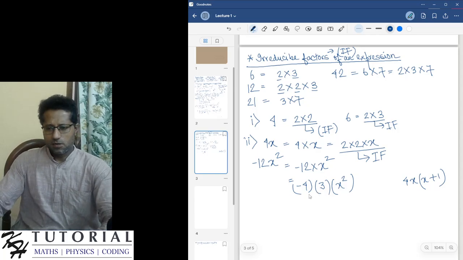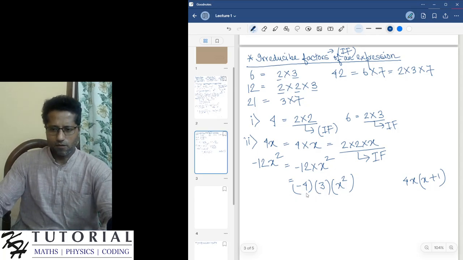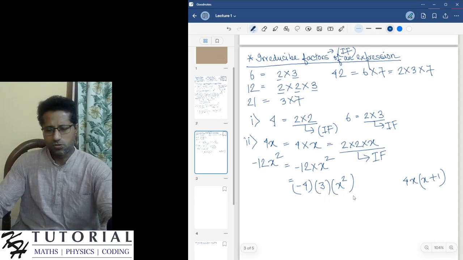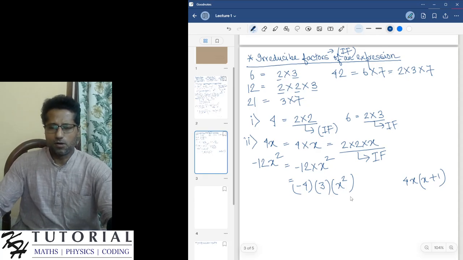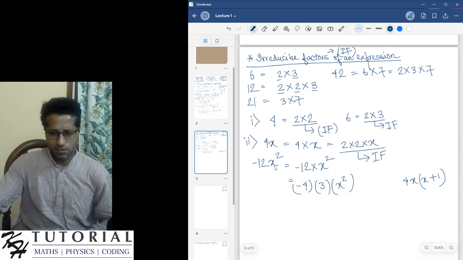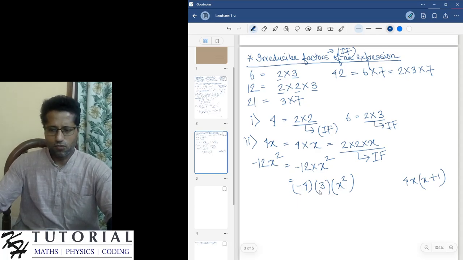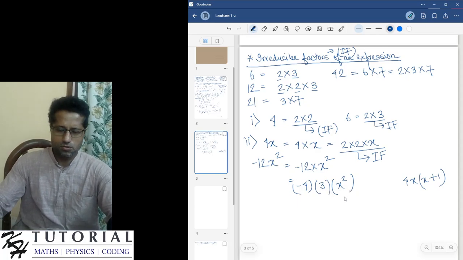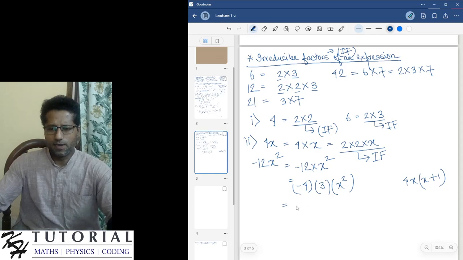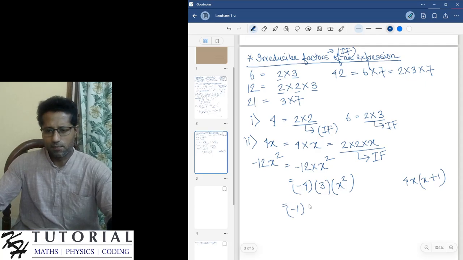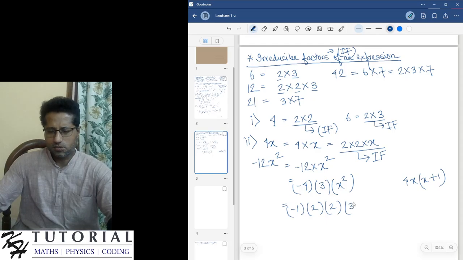This is minus 4 times 3 times x square, the product of minus 4, 3 and x square. This is also not an irreducible factor of minus 12 x square. If we write it as minus 4 into 3 into x square, this is also not irreducible, because we can write it further as minus 1, and 4 can be written as 2 multiplied by 2, and we have 3, and x square can be written as x and x.